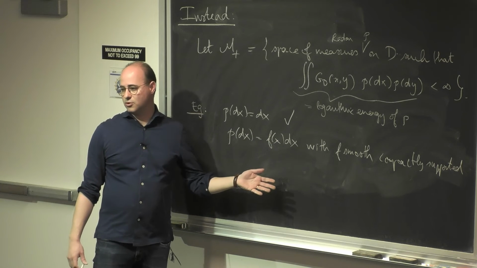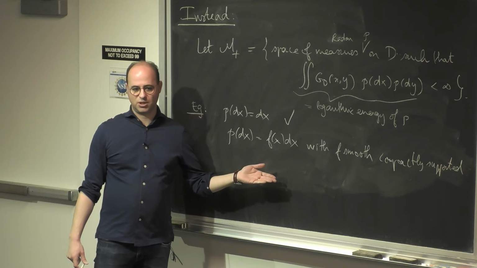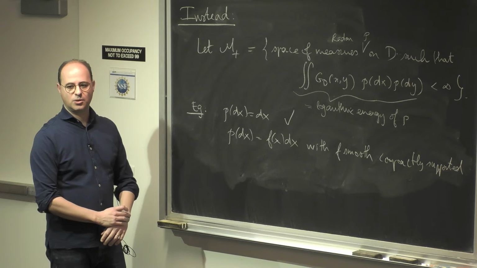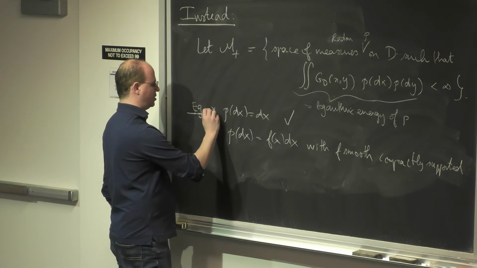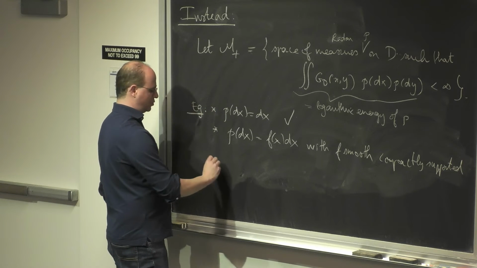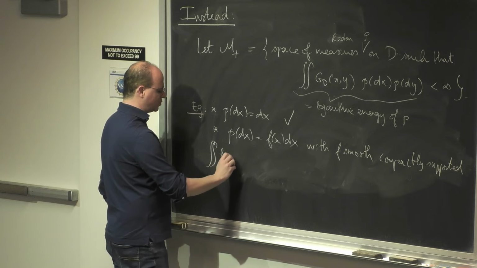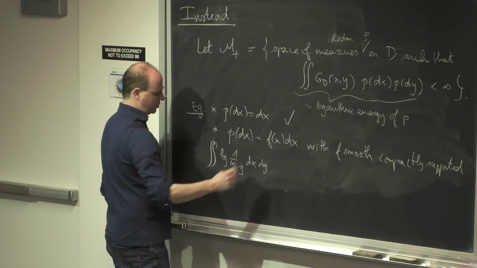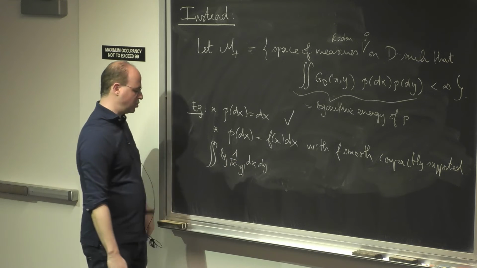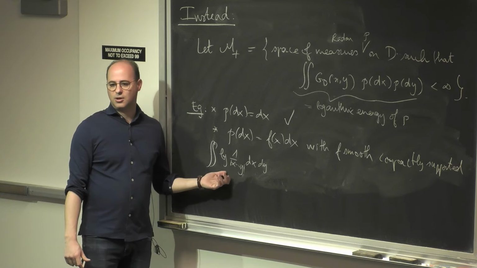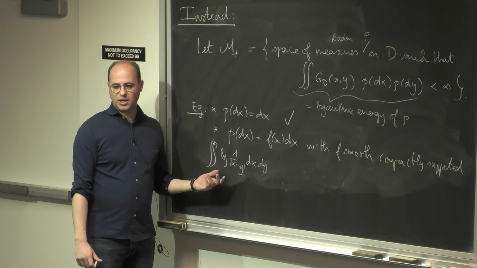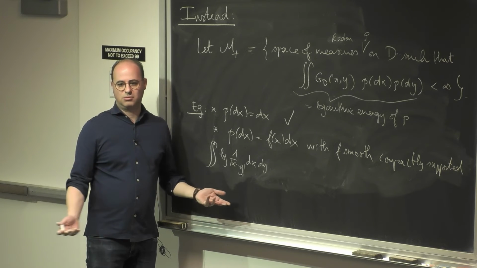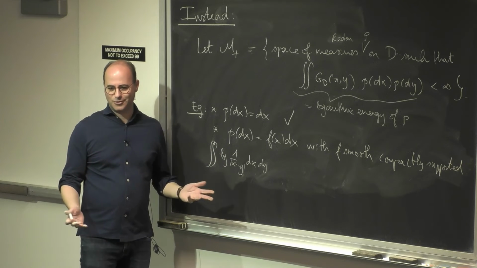But f is bounded, so we're back to the previous case. You have to explain why on the diagonal there is not a problem. Okay, sure. Really it boils down to the fact that log of x minus y, dx, dy, is a very nice function to integrate. You can try to do it in polar coordinates, and you will be integrating something like r log r, which is very integrable. There's no problem.